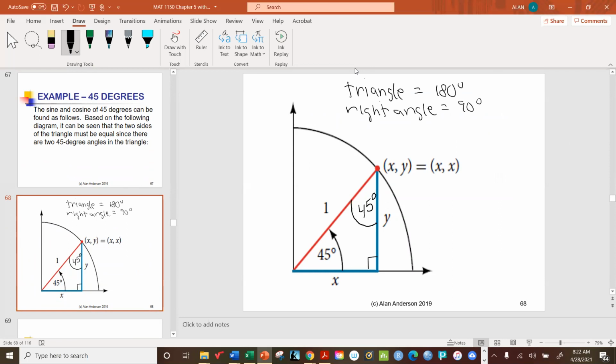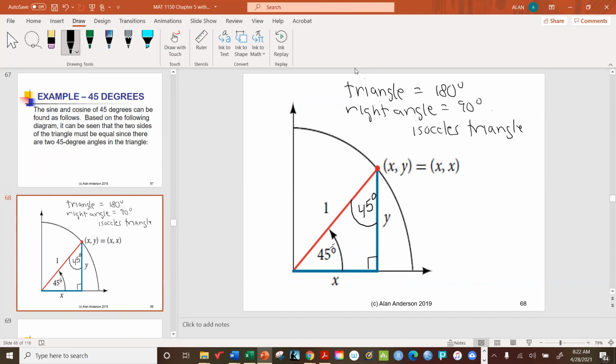And so if I told you that this first angle is 45, that implies that this missing angle must also be 45, so that the 3 of them add up to 180. But if you notice, both of these are the same angle. We call this an isosceles triangle.